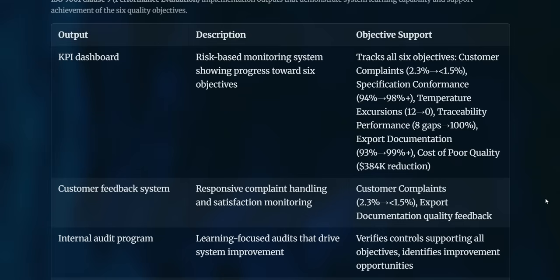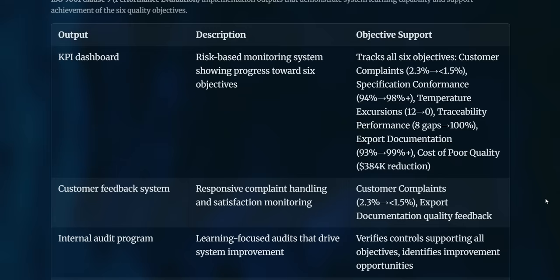The second output of our Module 6 is the customer feedback system. The description of our customer feedback system is responsive complaints handling and satisfaction monitoring. The objective support with our customer feedback includes customer complaints reduction and export documentation quality feedback.